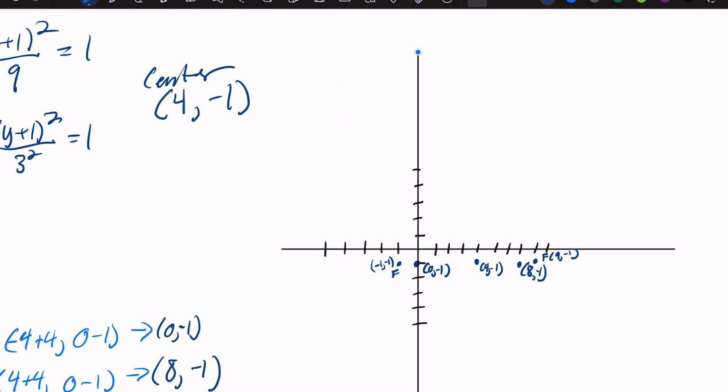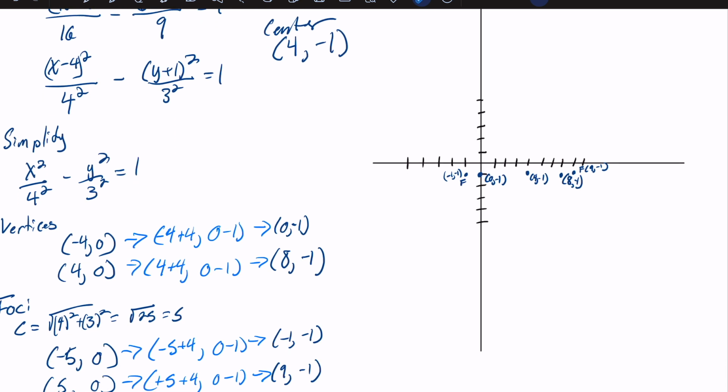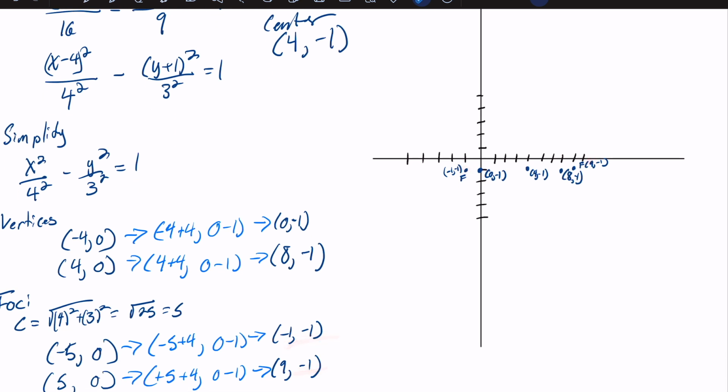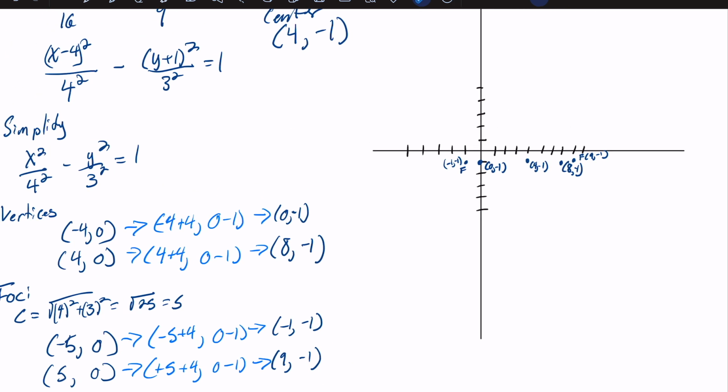All right, so we put in our center, we have our two vertices here and here, and we have our two foci here and here. And again, you don't necessarily have to find these unless the homework asks you for them specifically, because in order to draw it, you can do the same thing we learned before. You go left and right by 4, up and down by 3, and then we draw our box.